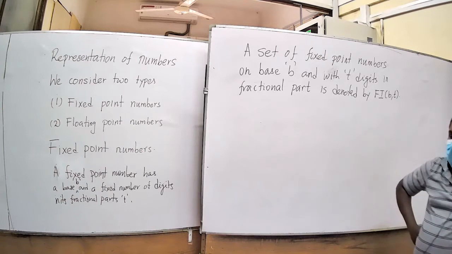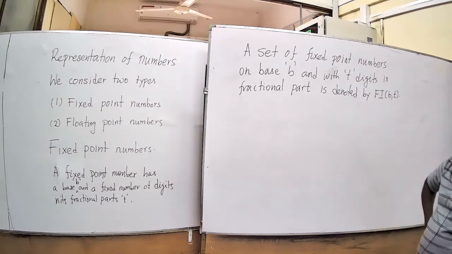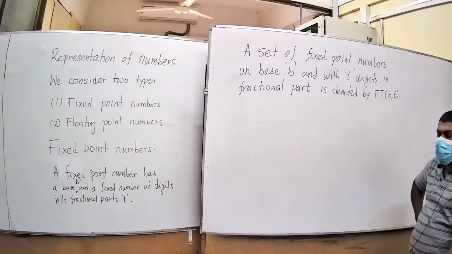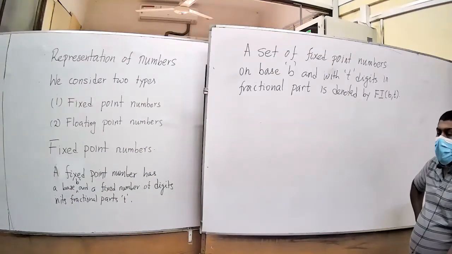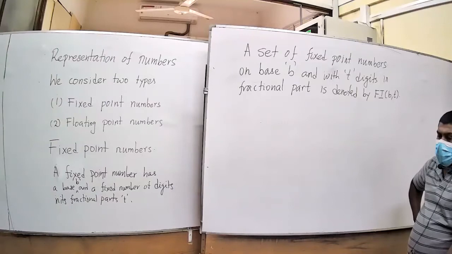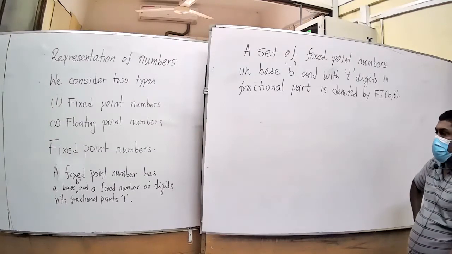And when I talk about a set of all fixed point numbers, I should specify a certain base, as well as how many digits I can have in the fractional part. So every set of fixed point numbers will be denoted by FI of b comma t. These two, b and t, are important in representing a fixed point number.